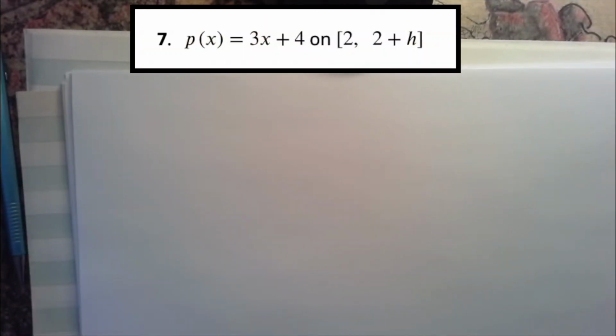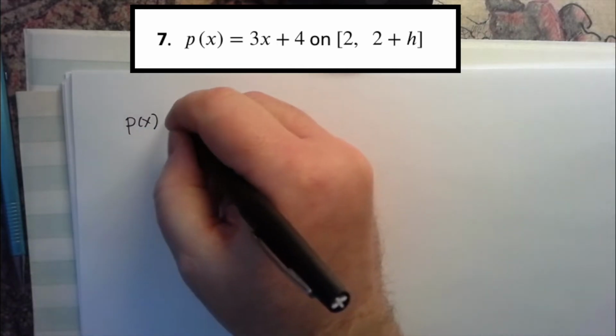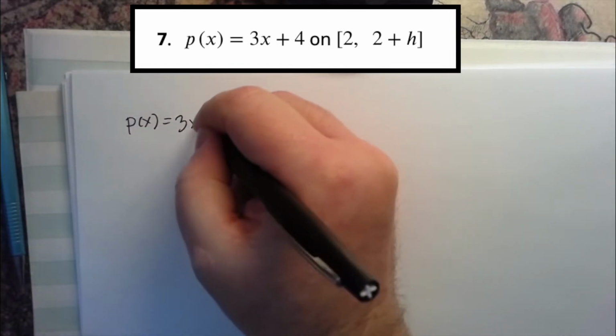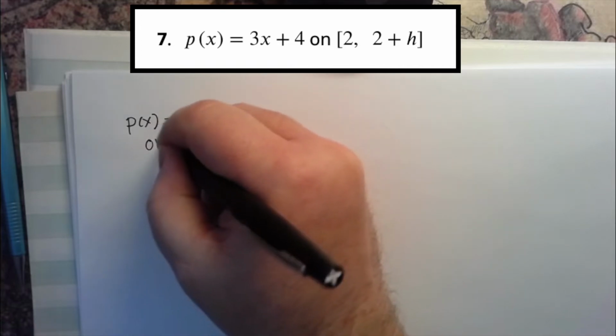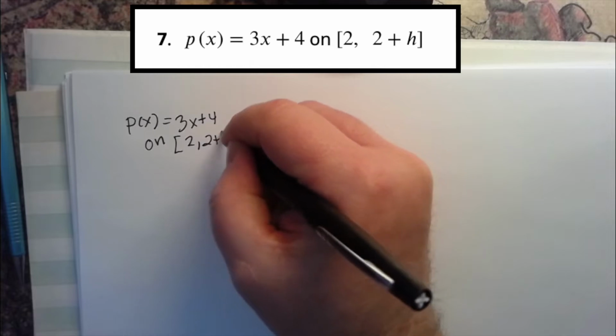Okay, let's try this problem. P of x is equal to 3x plus 4 on 2 to 2 plus h.